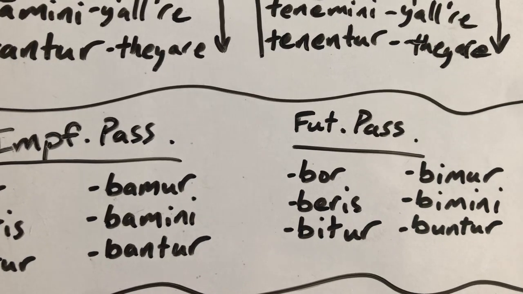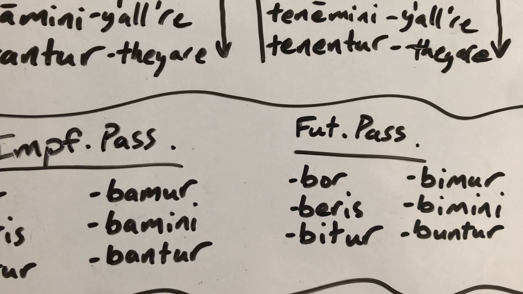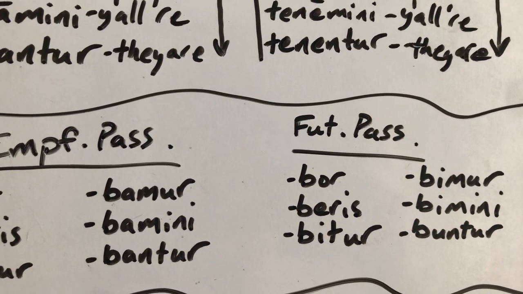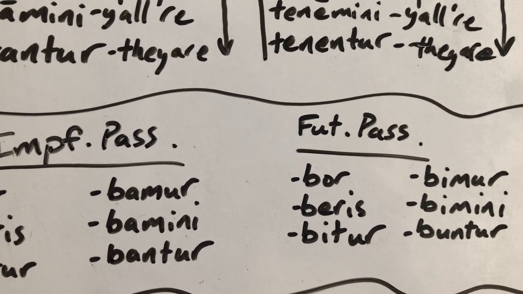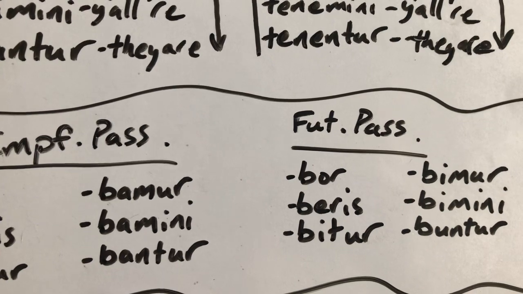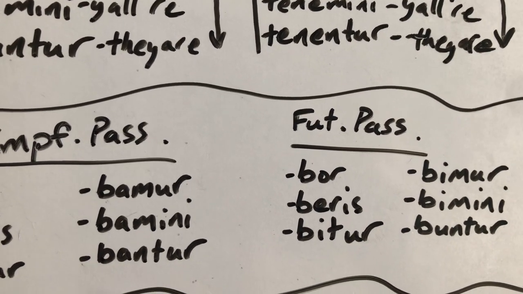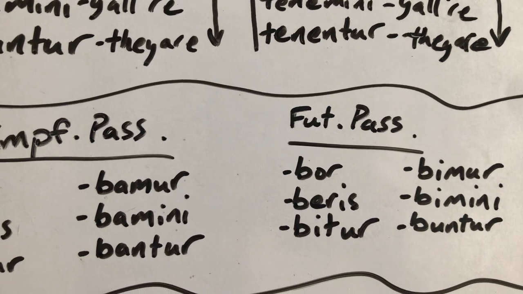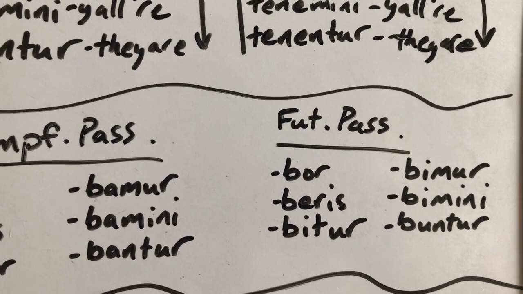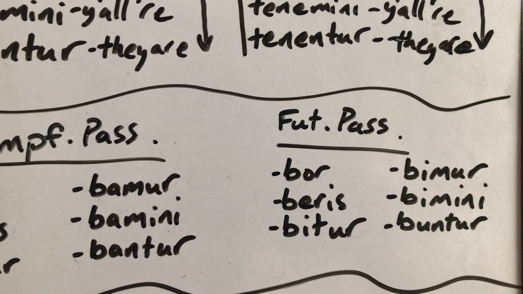And then for the future, you'll have bo, bi, bi, bi, bu. Or as one person put it, bo, bi, triple bi, bu. And then your passive ending. So bor, beris, bitur, bimur, bimini, and buntur. All right, so that would be how you do the future passive.